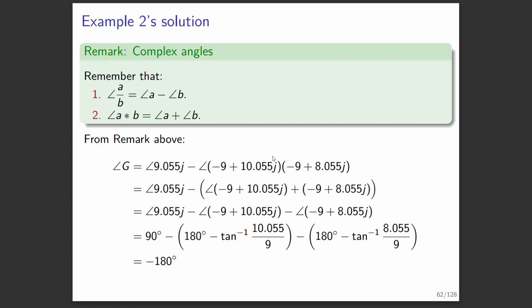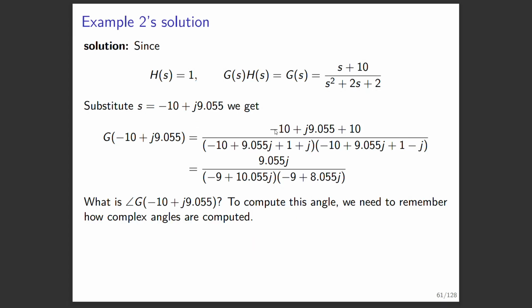Well, remember, for complex numbers, if I have a fraction, the angle of that fraction is the angle of the numerator minus the angle of the denominator. If I have multiplication of two numbers, the angle would be the angle of the first plus the angle of the second. So the angle of the numerator here, what would that be?